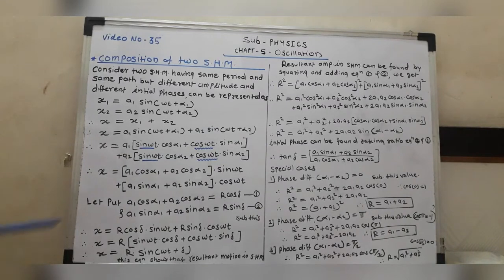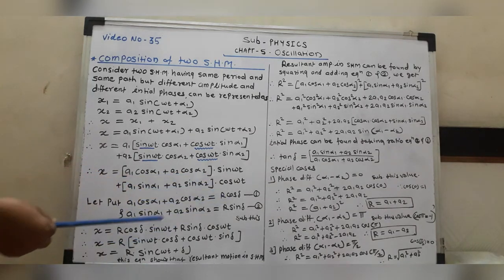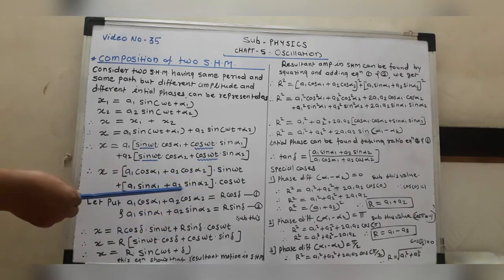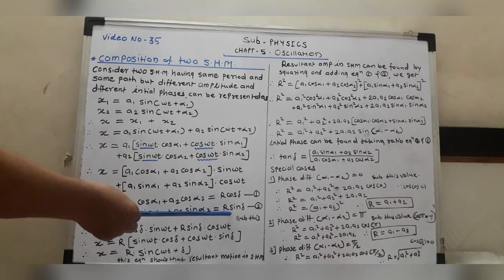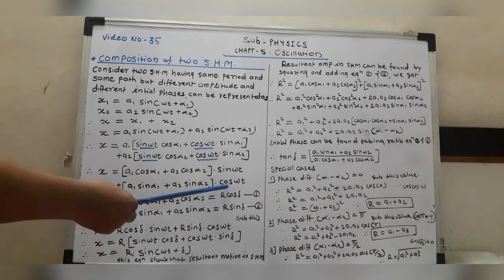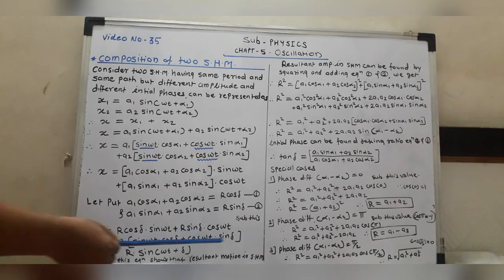Then substituting, instead of a1 cos alpha 1 plus a2 cos alpha 2 we write r cos del into sin omega t, plus instead of the second bracket a1 sin alpha 1 plus a2 sin alpha 2 we write r sin del into cos omega t. Again, we rearrange these terms and write x is equal to r, which is common to both terms, into bracket sin omega t cos del plus cos omega t sin del.